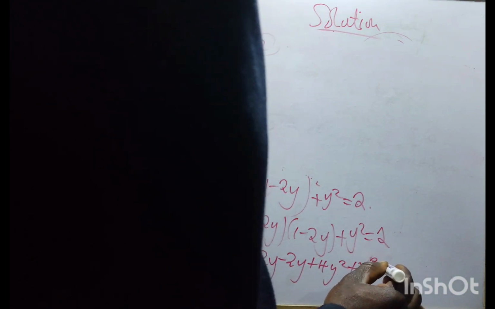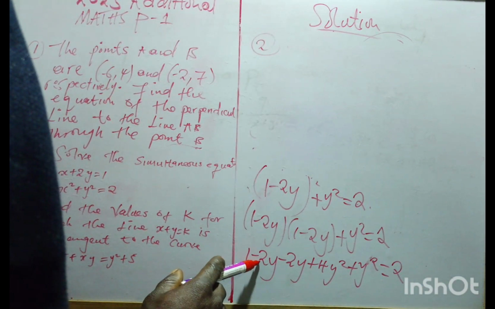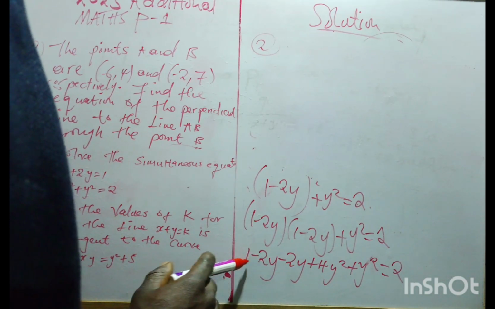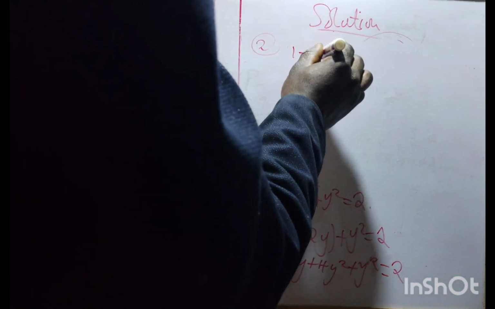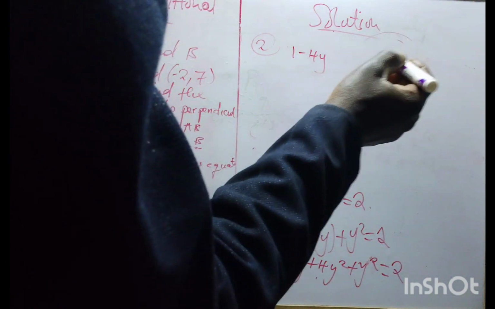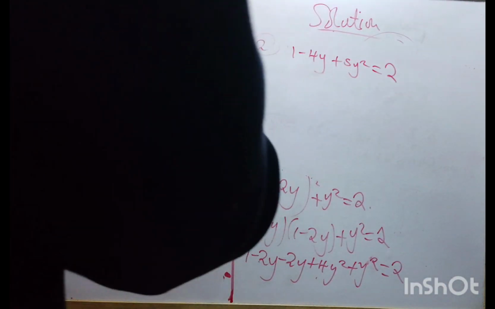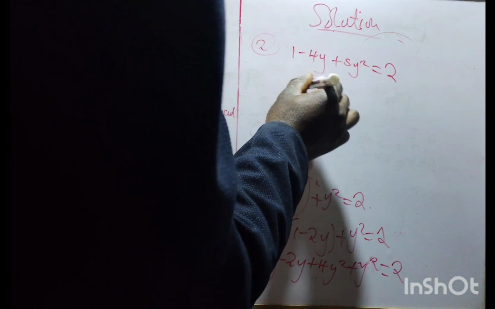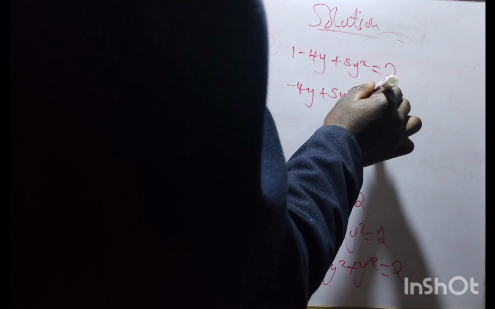Adding, minus 2y minus 2y gives 1 minus 4y, then 4y squared plus y squared gives plus 5y squared, which equals 2. So the equation will be 1 minus 4y plus 5y squared equals 2.